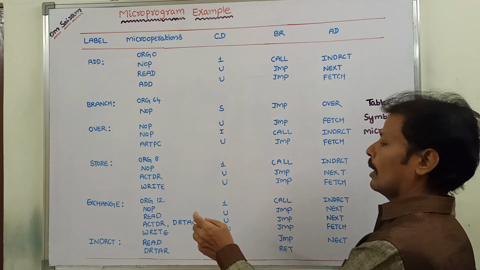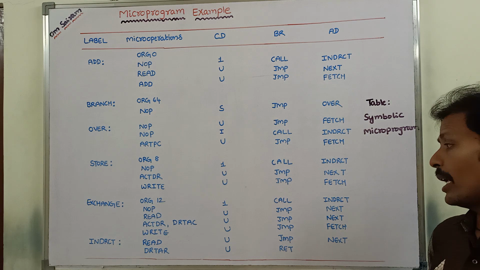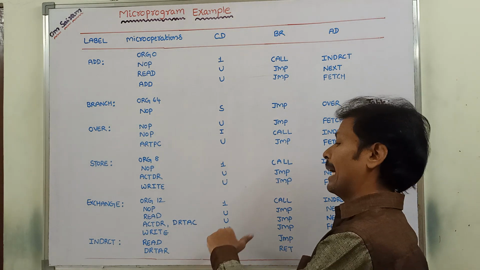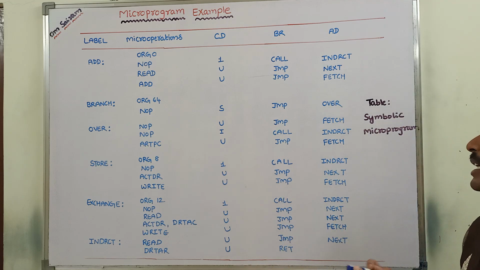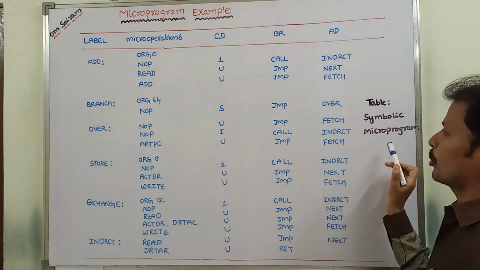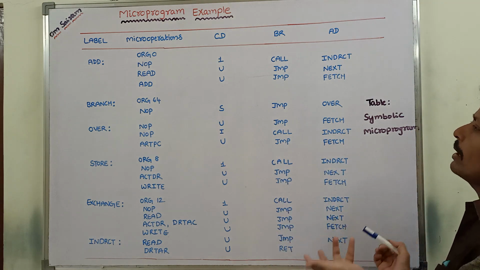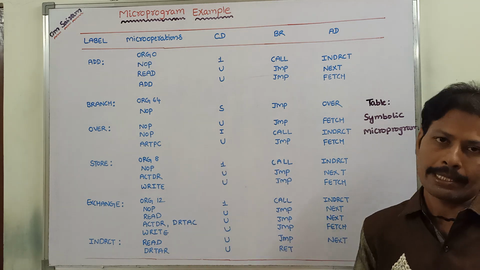Once we read the operands from the accumulator and data register, then we have to exchange the data between them. So this is the simple symbolic microprogram.